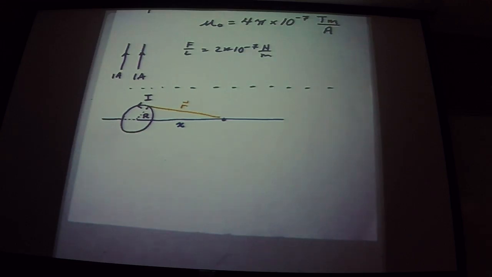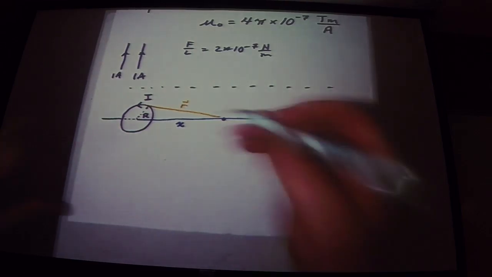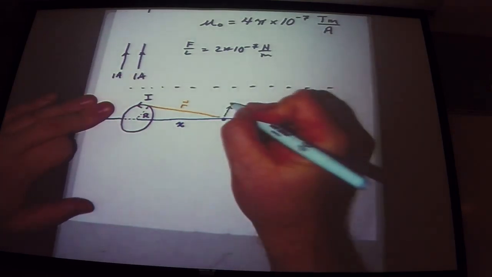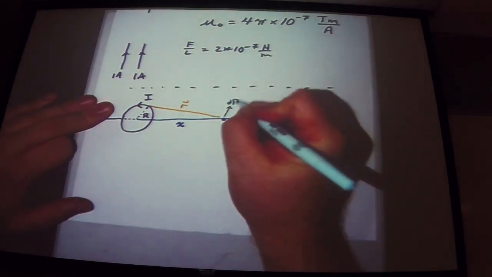So dl cross r hat is going to be pointed in some odd perpendicular direction, kind of like this. This would be my dB. It would be perpendicular to r hat there.